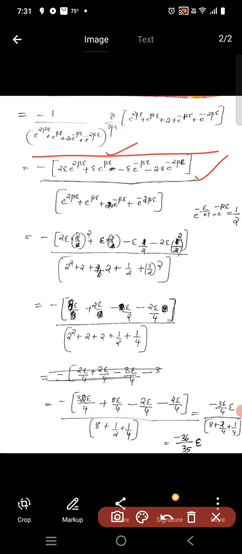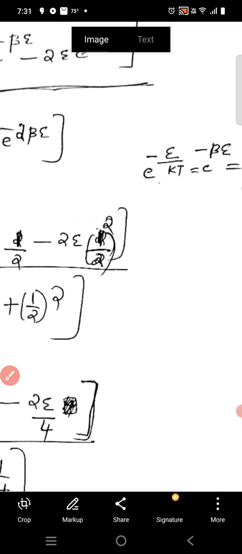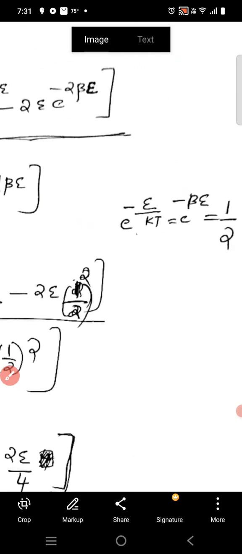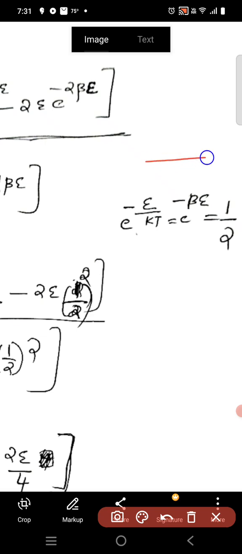Also, in the problem, it is given that the temperature is such that e to the power minus epsilon by kT is equal to half, or e to the power minus beta epsilon is half.